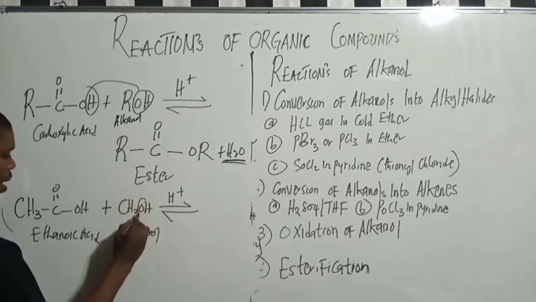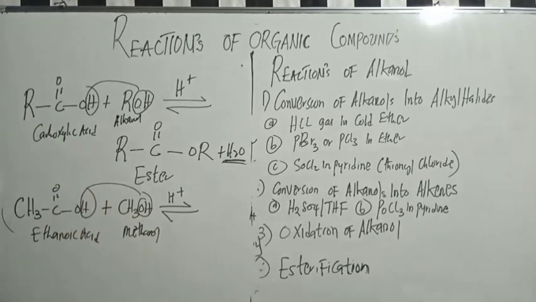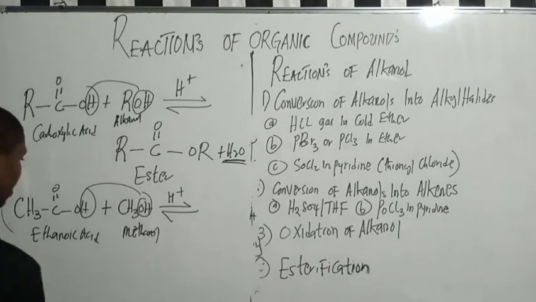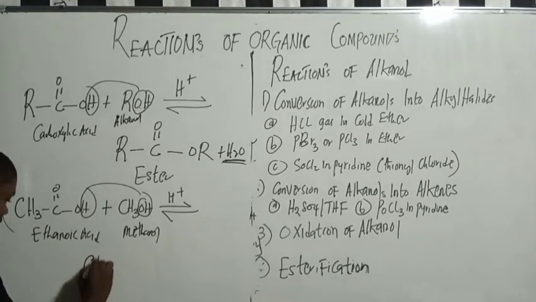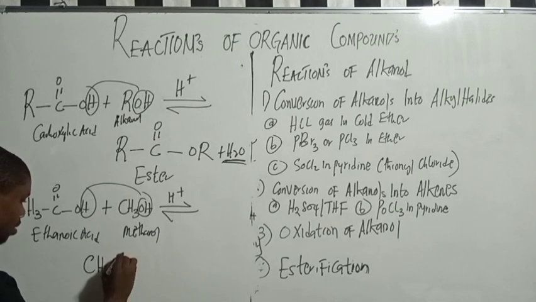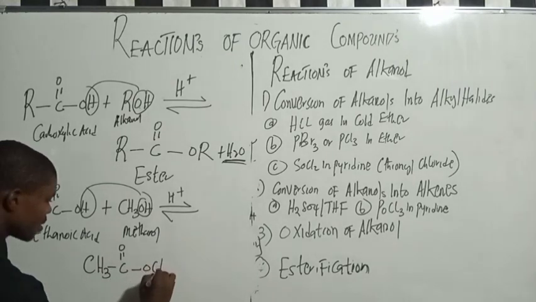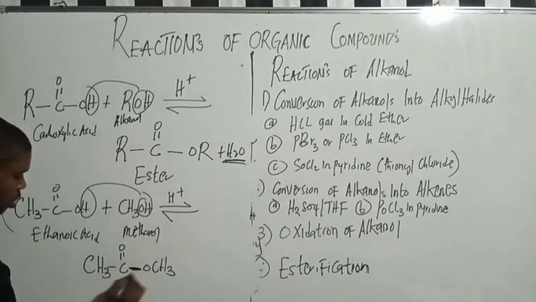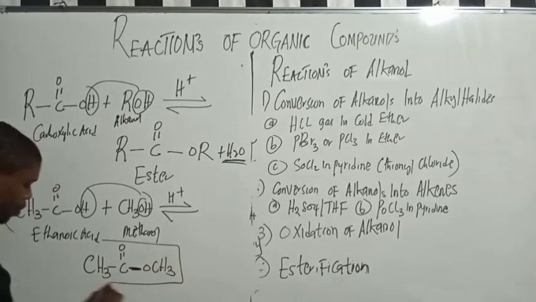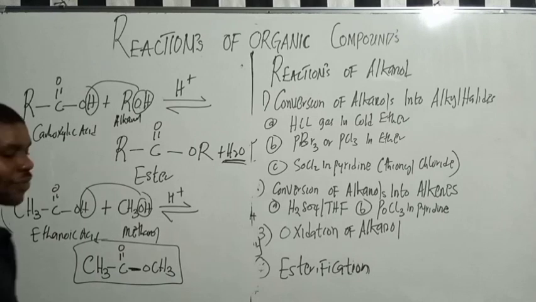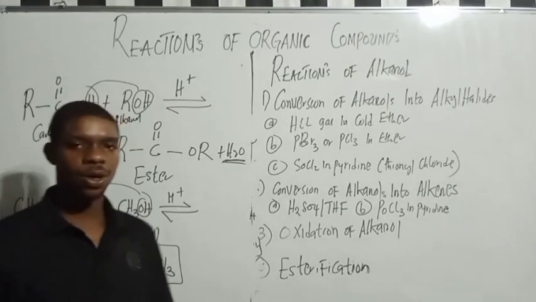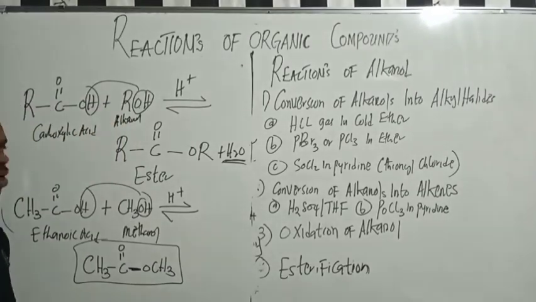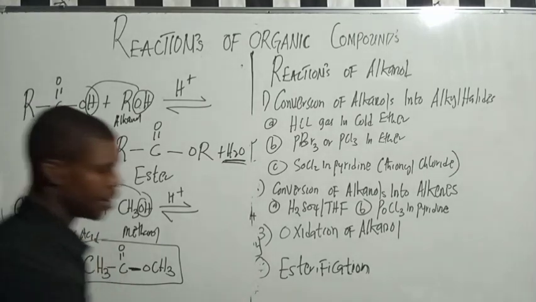The OH will go with this hydrogen to form H2O. What I have left is CH3COOCH3. So this is the product of the reaction. I have done a complete video on the naming of esters, so you can check it out in the description below. But I'm still going to teach you here.